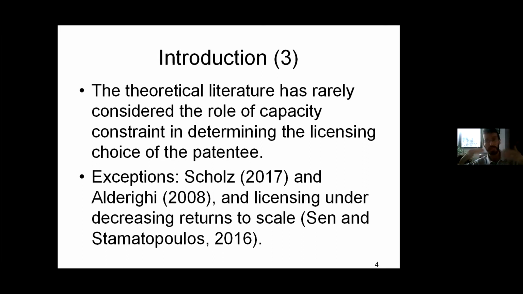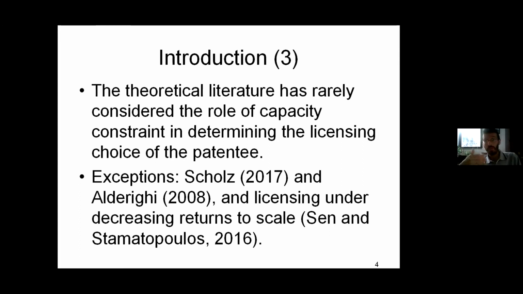It is a vertical channel model where the licensee is capacity constrained and not the patentee. The other is a note by Marco Derighi in 2008, where the licensing scheme is such that the patentee allows the licensee to produce a certain quantity, so again it is the licensee that is capacity constrained, and not the patentee.